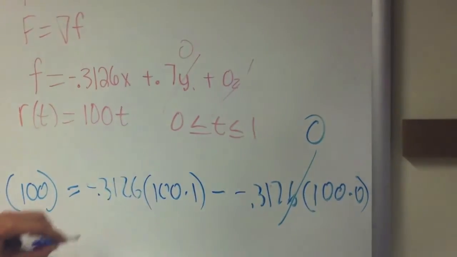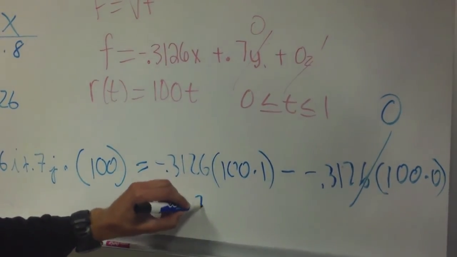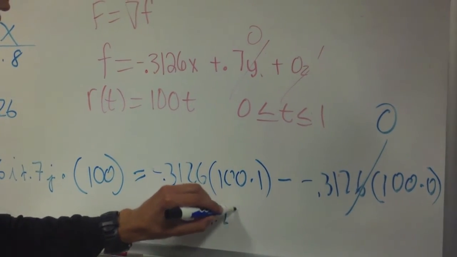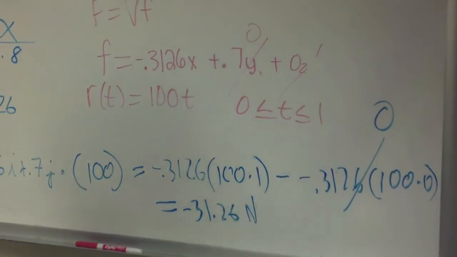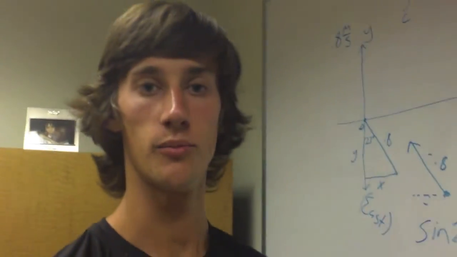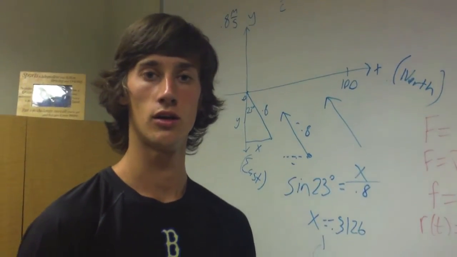This term goes to 0, and the answer is negative 31.26 newtons. And that is the work done by the wind on the runner.